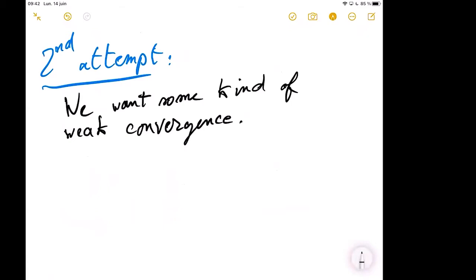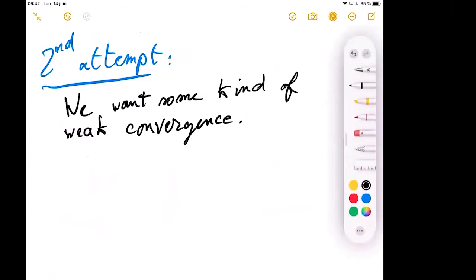Okay, let me first do a practical definition, which will be, in my opinion, the most practical when you're trying to understand stuff and to prove things converge.